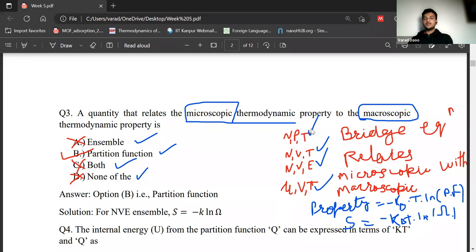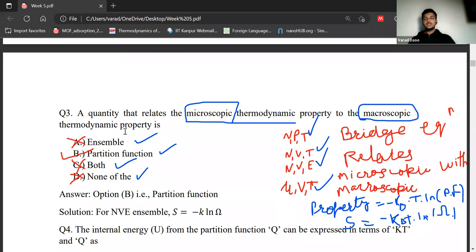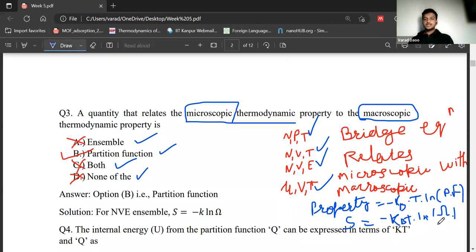Like this, there will be a different partition function for NPT, different for NVE, different for NVT. Similarly, the property will also change, but the functional form more or less remains the same, right? So this is the ensemble and partition function. The multiplicity on this side represents the microscopic, the number of ways of arrangement of molecules, and this is the entropy, a macroscopic property.